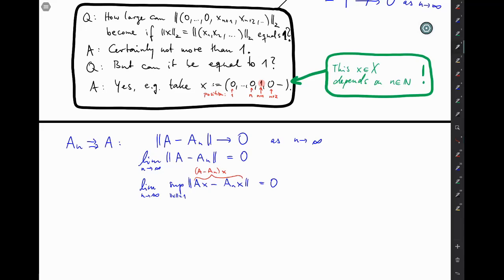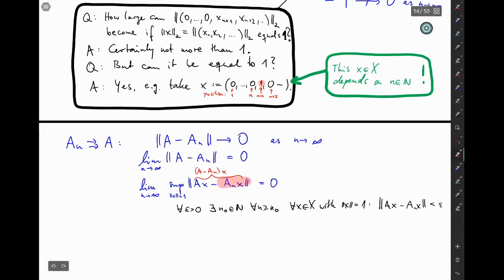For the unlikely case that this is helping much, you can also spell this out very explicitly. Right, so the fact that this supremum here is small is written down here. You're just saying no matter what x you try, it's small, less than epsilon. Okay, and the fact that this is going to 0 as n goes to infinity is written here.